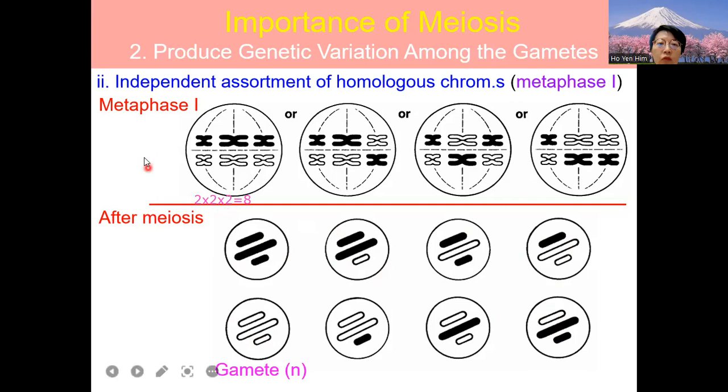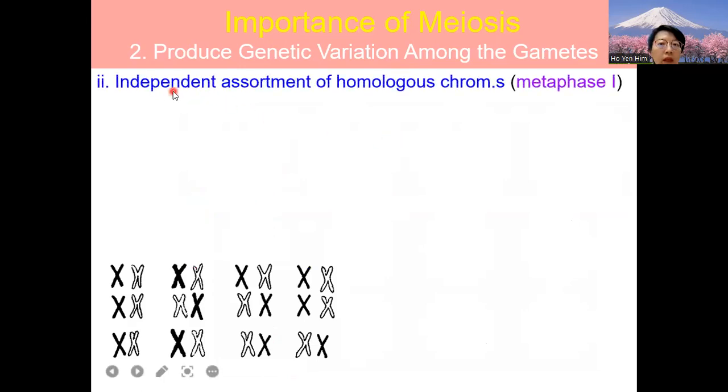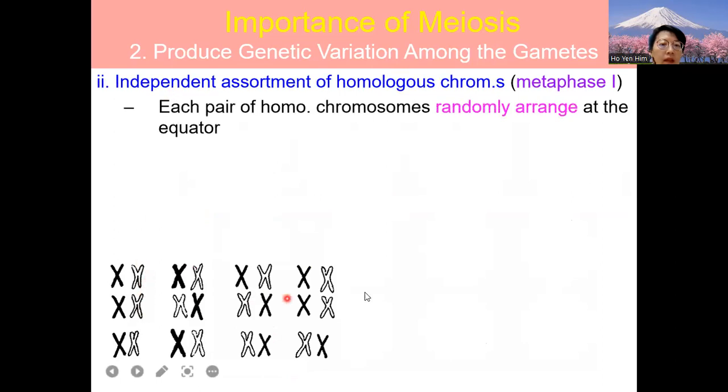So independent assortment of homologous chromosomes during metaphase 1 will give rise to genetic variation among the gametes. And the formula is 2 to the power of the total number of pairs of homologous chromosomes. Here is an example.